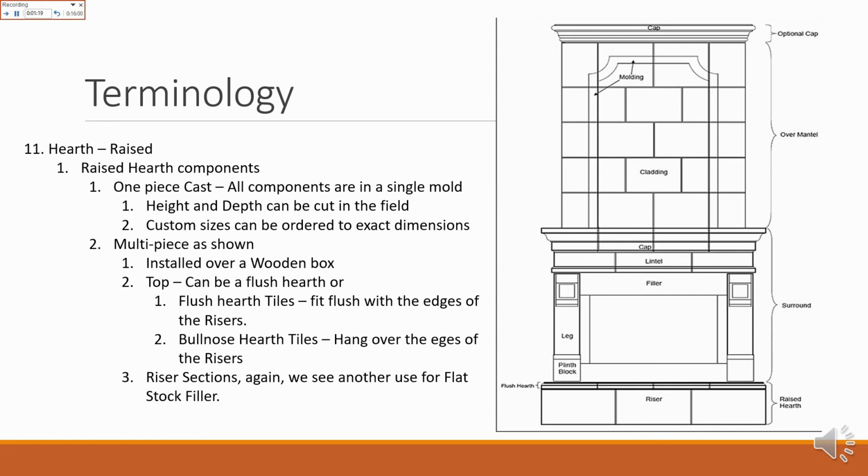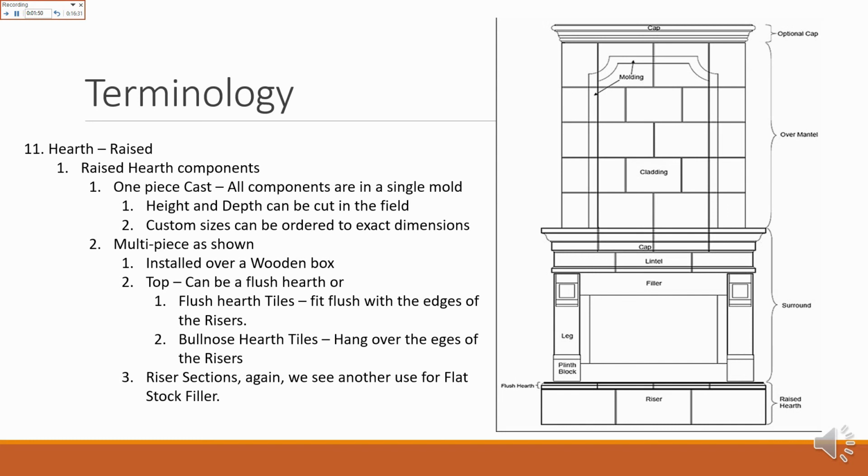For a top, you can either use a flush hearth that's the correct size to sit and cover up the wooden top and meet the flush risers that are coming up. Those risers are nothing but our famous flat stock. So the 1-inch flat stock goes around the bottom of the wooden box and goes up, and then the flush hearth extends out and it meets flush with the edges all the way around.